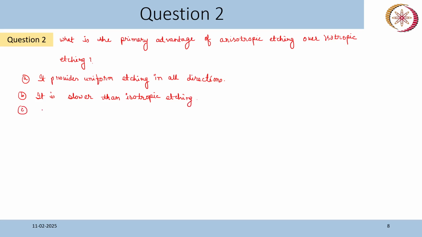Option C: it offers better control over structure dimensions. And the last option, D: it only works on metallic surfaces.